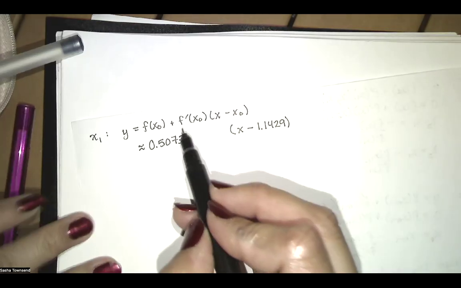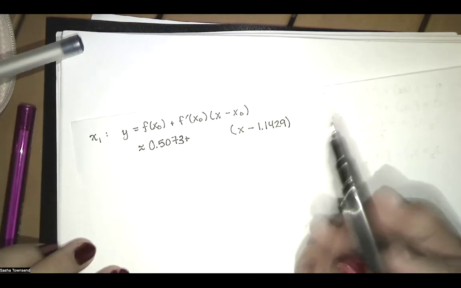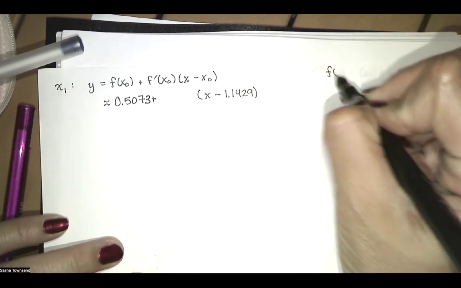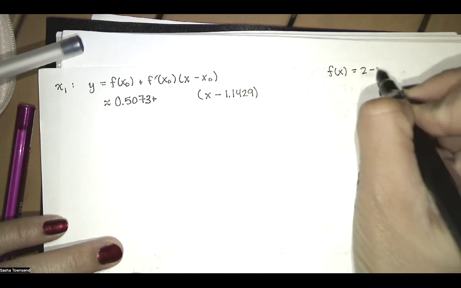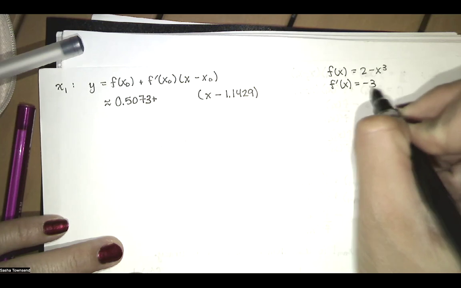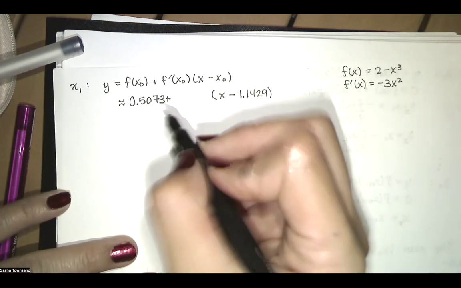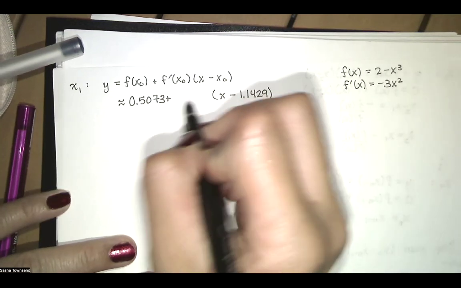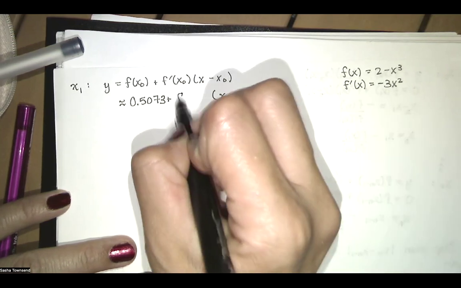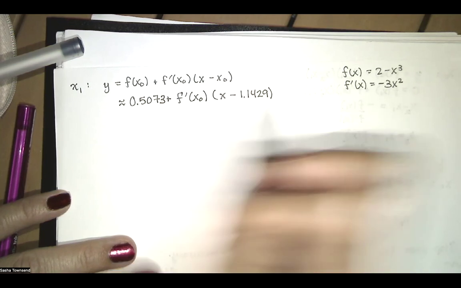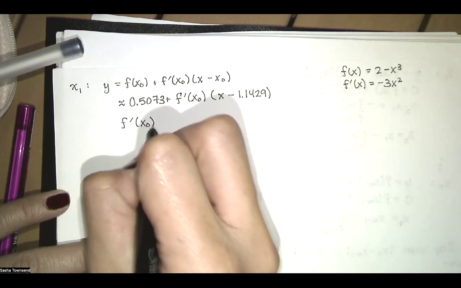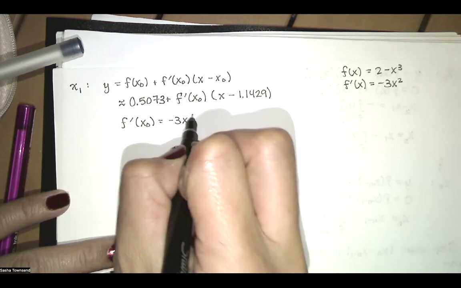Now, in order to do that, I need to plug this x value into f prime. Now, f of x was 2 minus x cubed. So f prime of x is negative 3x squared. So we need to evaluate that negative 3x squared at this x value. So f prime of x naught is negative 3 times x naught squared.